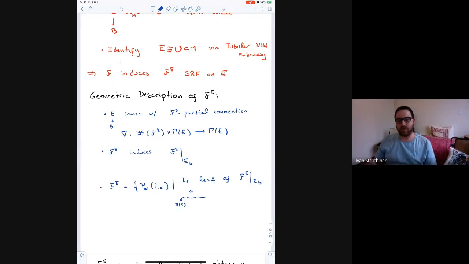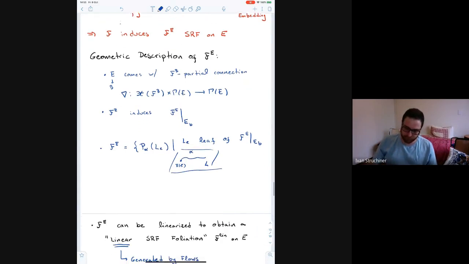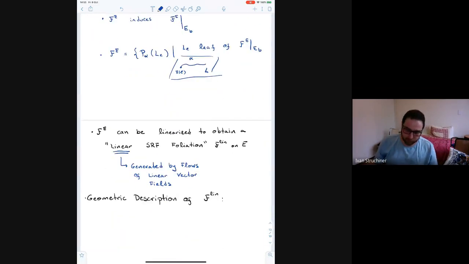It's like the first example we gave, but this is a path inside the leaf. You can only parallel translate along paths which are inside the leaf. Okay, so this is the geometric description, and this foliation F_E can be linearized.